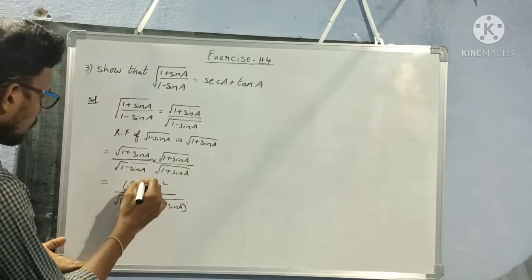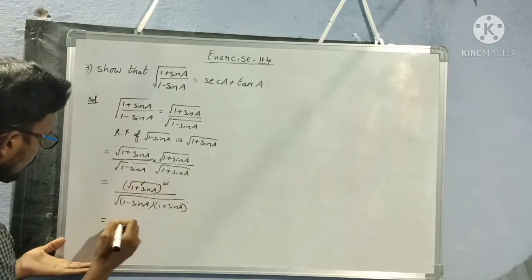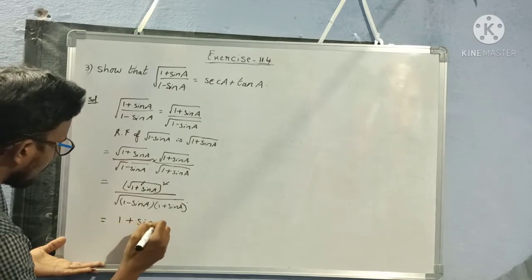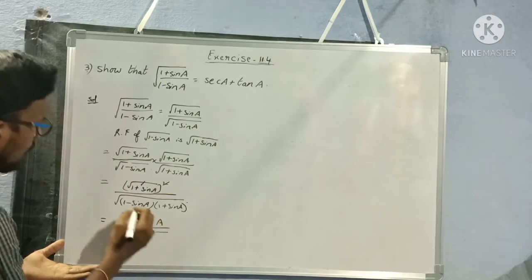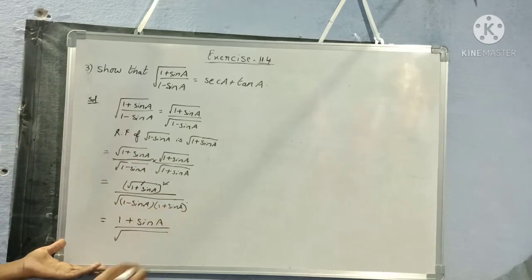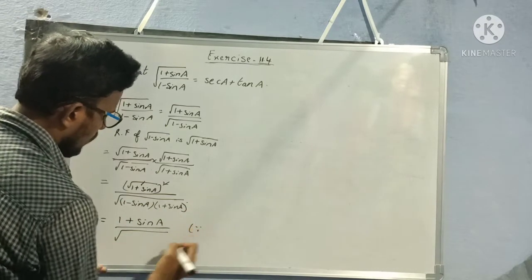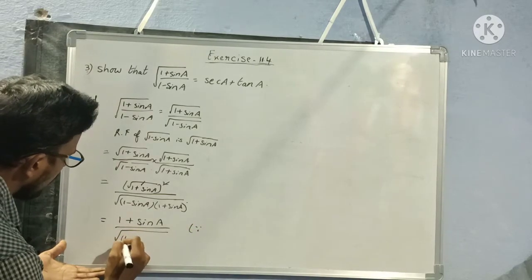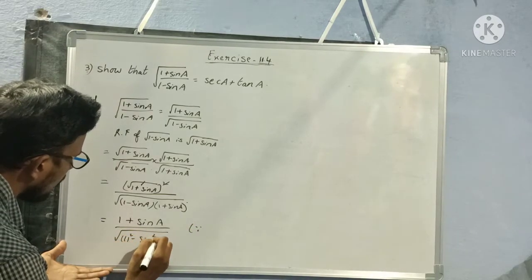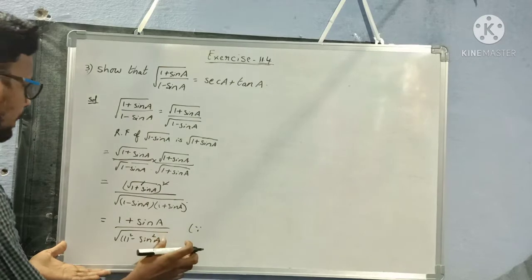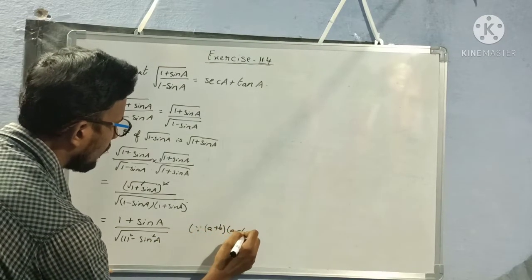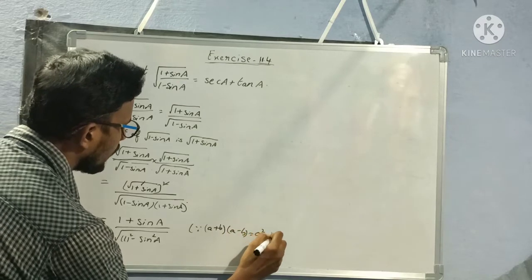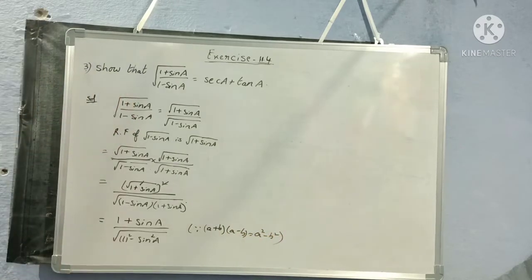So here in the numerator, the square and root get cancelled. So the numerator is 1 plus sin A by, square root of (A plus B) into (A minus B) is A square minus B square. So here I should write 1 whole square minus sin square A. Since (A plus B)(A minus B) is equal to A square minus B square.